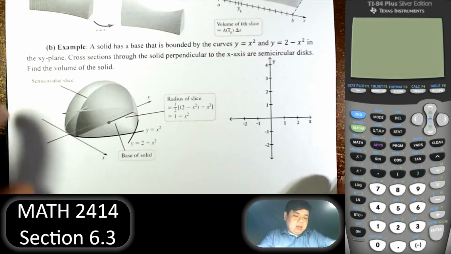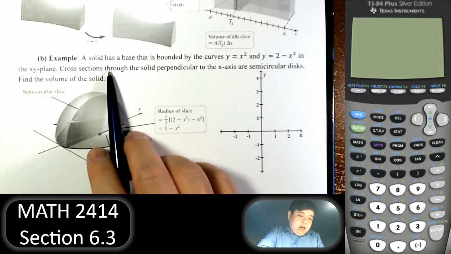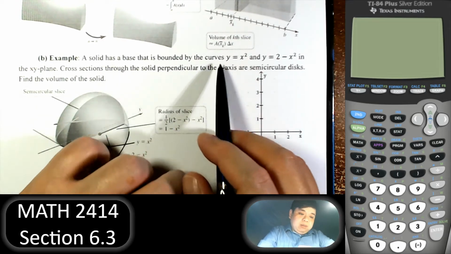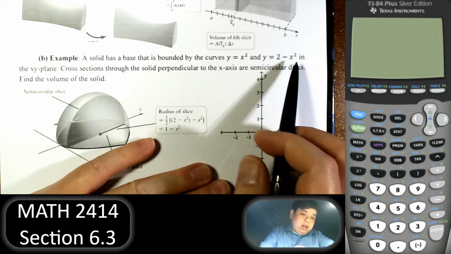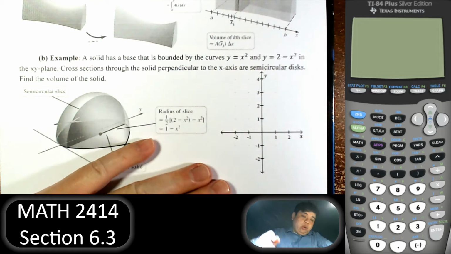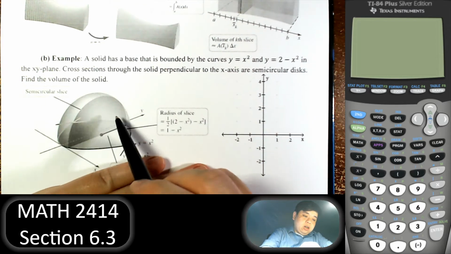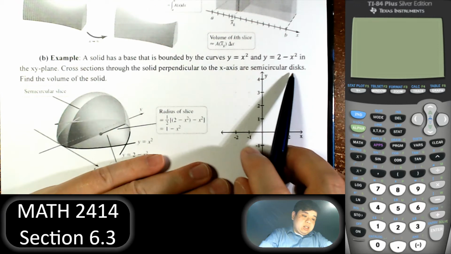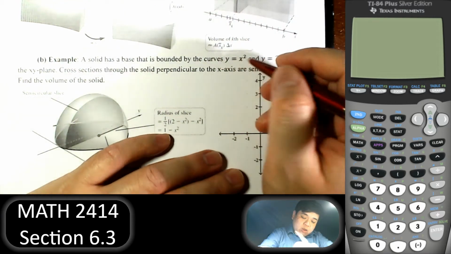Let's look at the first example. Suppose we have a solid bounded by the curves y equal to x squared and y equal to 2 minus x squared in the xy plane, and then we rotate that to form a semicircular disc. First of all, we have y equal to x squared.